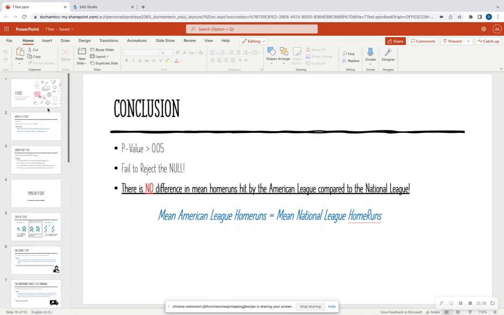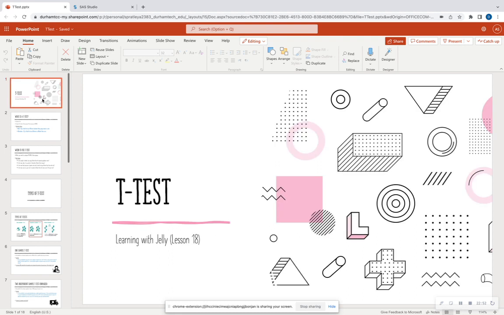Okay? So once again, t-tests, a very popular hypothesis test that people use in statistics, data analytics, data science, etc. It is a hypothesis test where you're comparing the means of two groups. If you need more than two groups, we're going to do ANOVA in the next video.